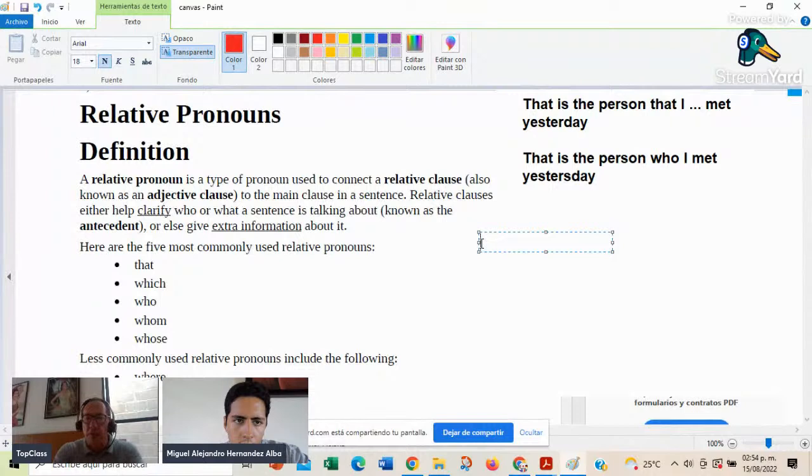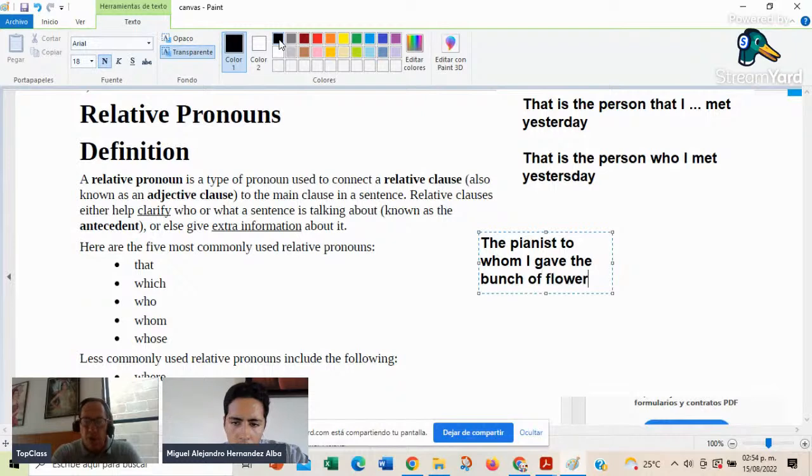Maybe she was the captain of a team, or she played a concert and the organizer told you, Mickey, can you give flowers to this lady? So the lady to whom, right, or the pianist to whom I gave the bunch of flowers yesterday.